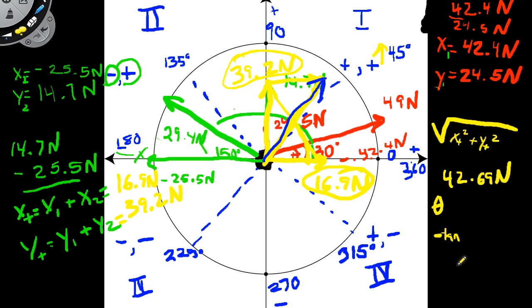If you do the inverse tangent of 16.9 over 39.2, or 39.2 over 16.9, you should get two numbers that you can make sense of. The first number I get is 67 degrees. The next number I get is 23 degrees.